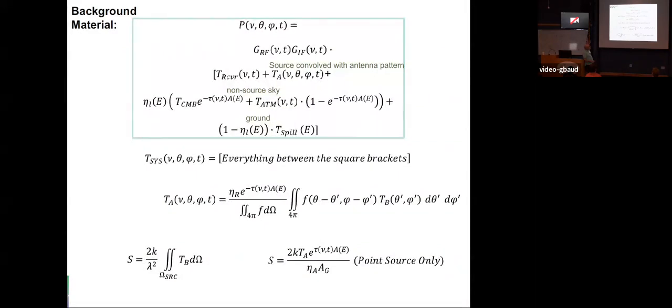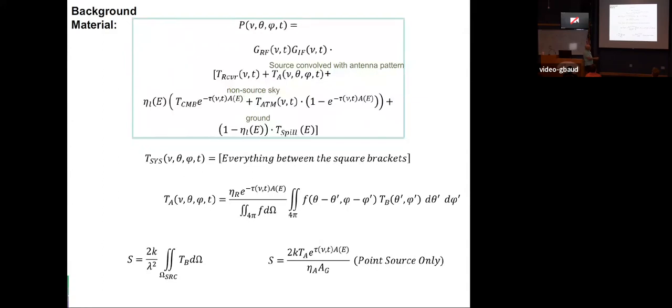I won't necessarily go through all the math, but the power that you receive is some scaling gain. This is its gain RF and the gain due to the IF system. And then your receiver temperature, and then what your telescope's measuring is the source convolved with the antenna pattern. So this is TA.